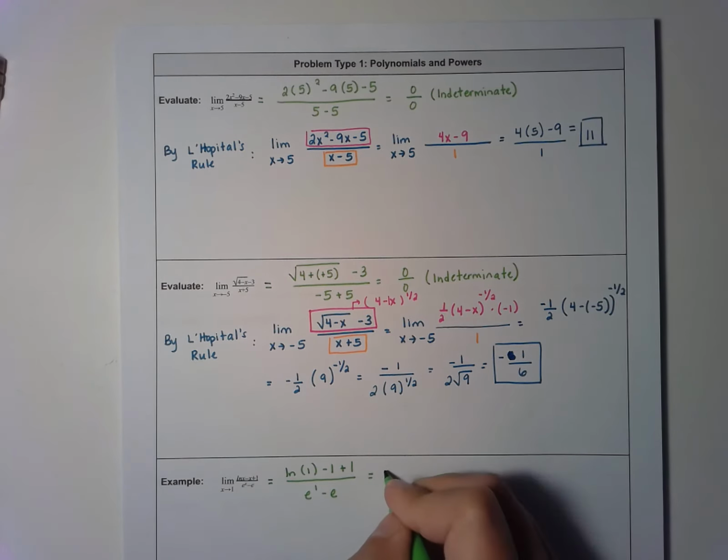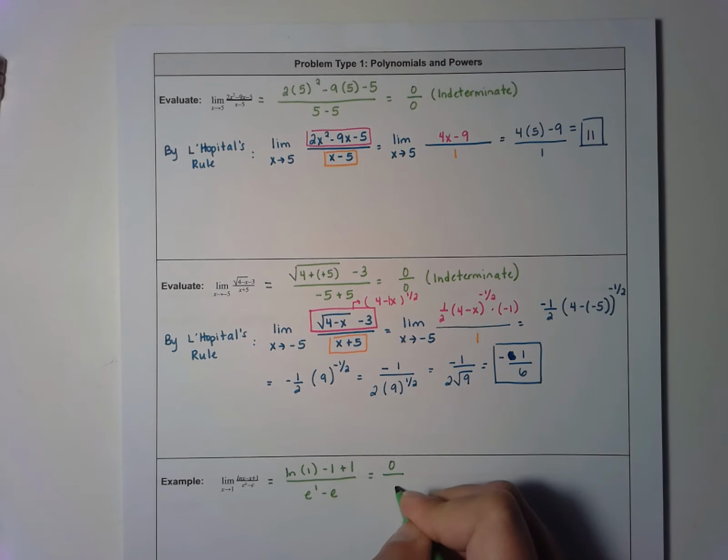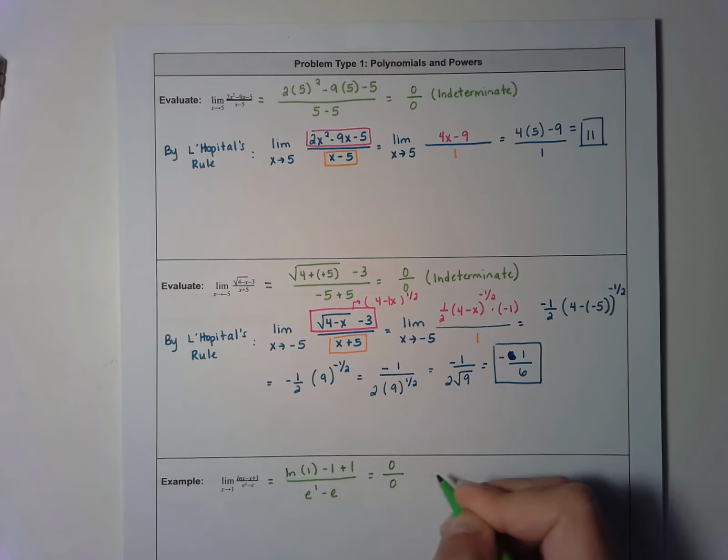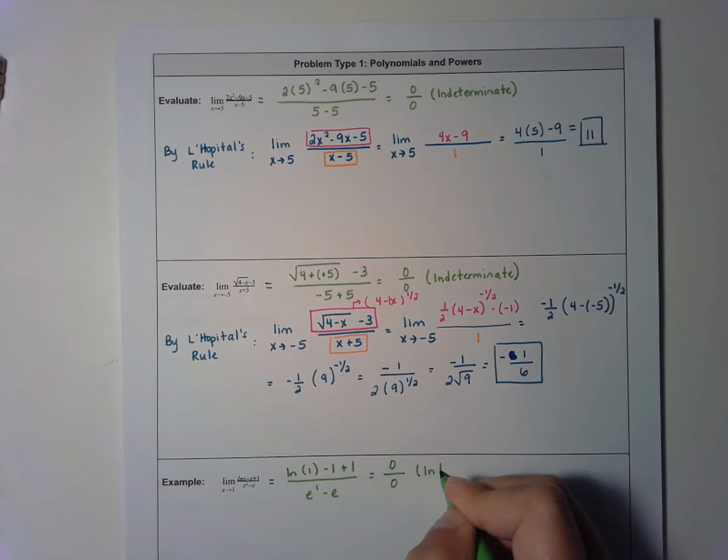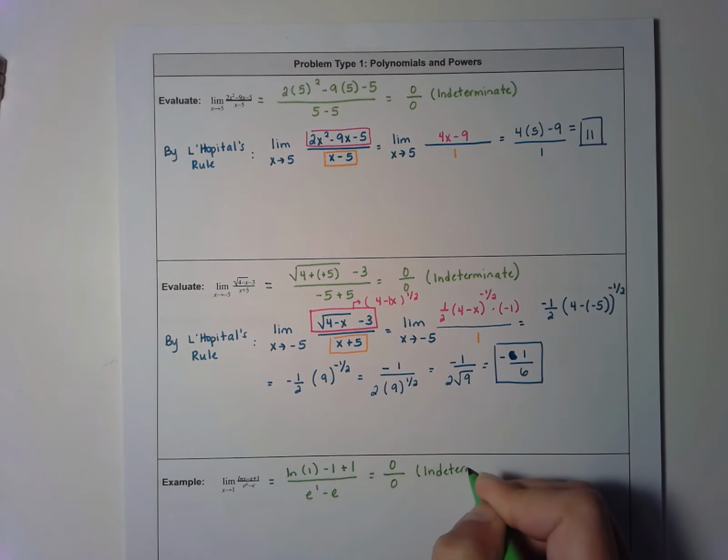Now the natural log of 1 is 0, and -1 plus 1 is 0. So you'd have 0 on the top, and then e minus e would be 0 on the bottom, which means that this limit is indeterminate.